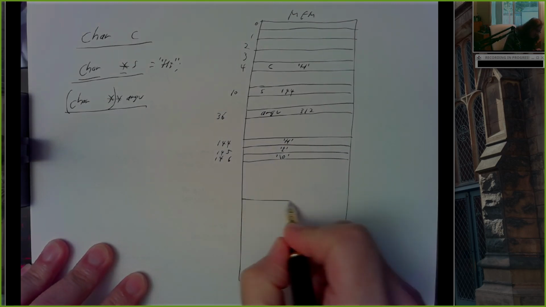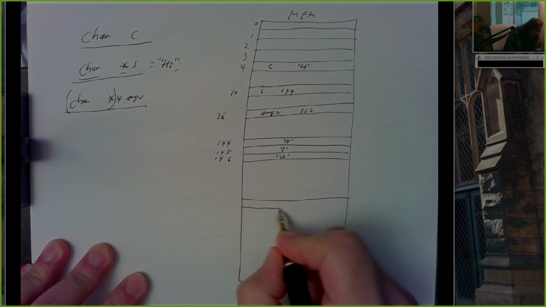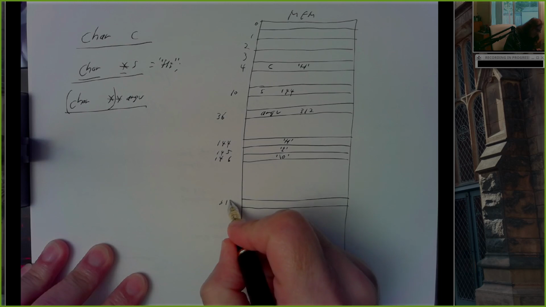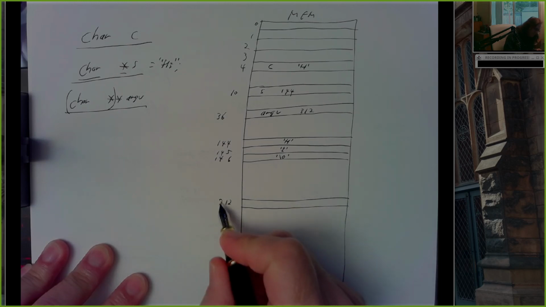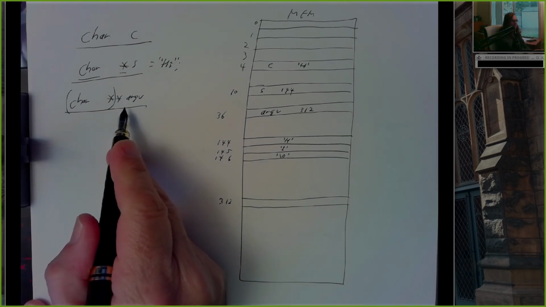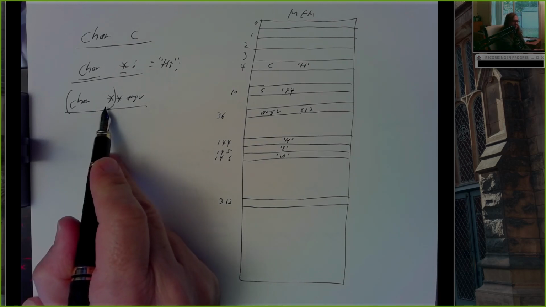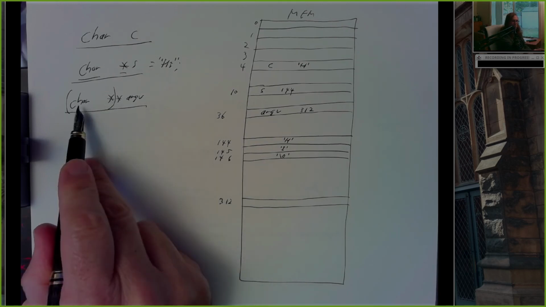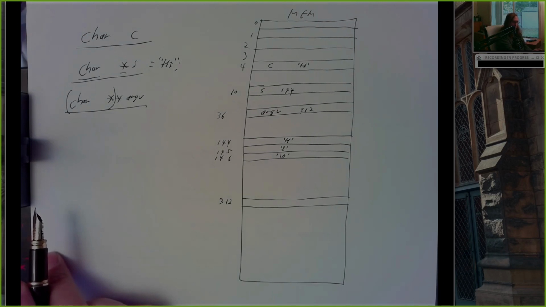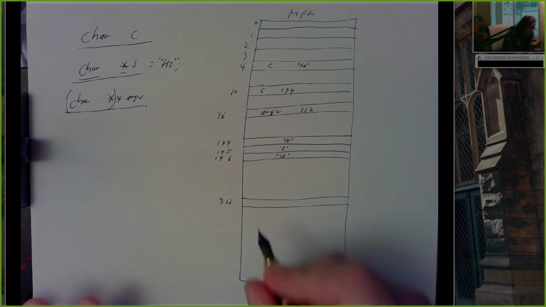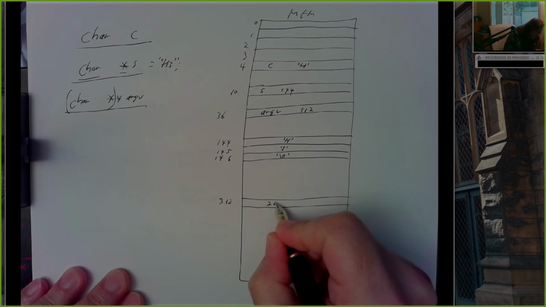Okay, 312 is the thing that argv is pointing to. So if I go to memory location 312, that's what argv is pointing to. Well, what argv is pointing to is a char star. In other words, it's pointing to a pointer to a character. So what I might find here would be, say, a 200.